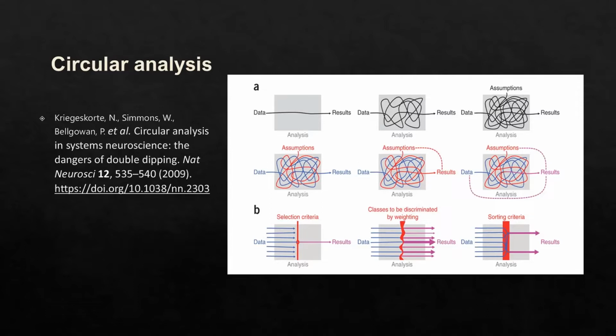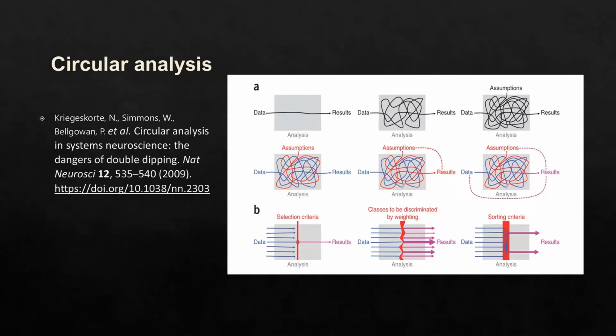So this one here, the middle line on the left, is the ideal situation where the results are not contaminated so much by the assumptions. The assumptions are there, but the data is what determines the results. In the middle is the worst case scenario where the assumptions will directly affect the results and the data has nothing to do with it.